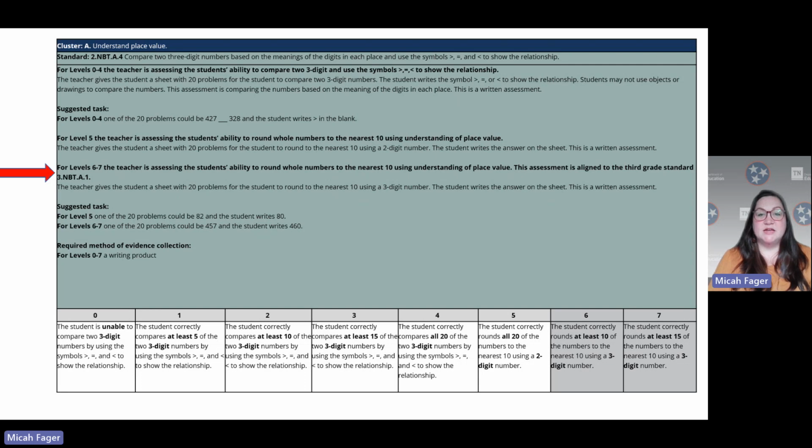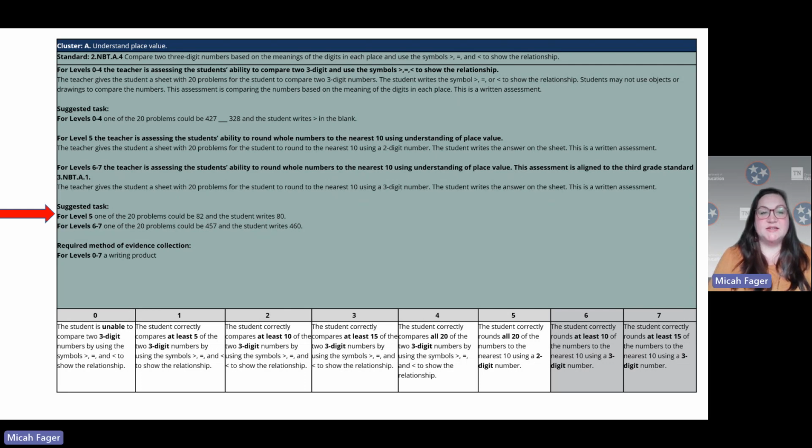The student writes the answer on the sheet. This is a written assessment. So again, for level 5, the student is rounding to the nearest 10 for a two-digit number. And for levels 6 and 7, the student is able to round to the nearest 10 using a three-digit number.